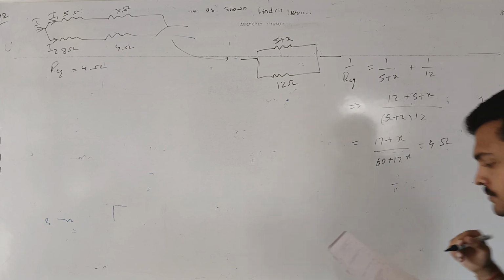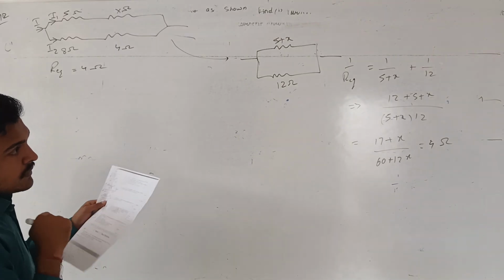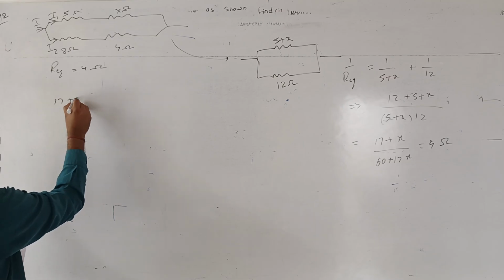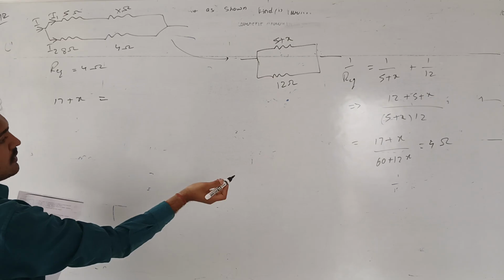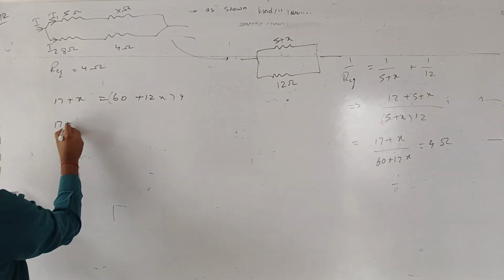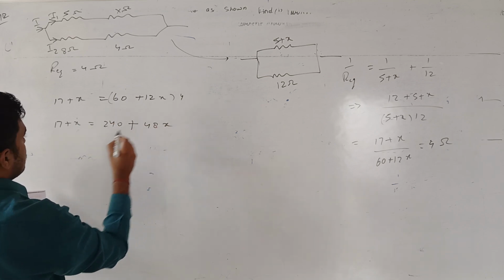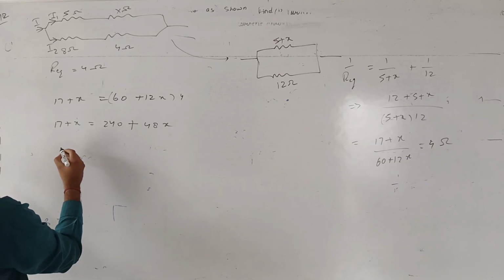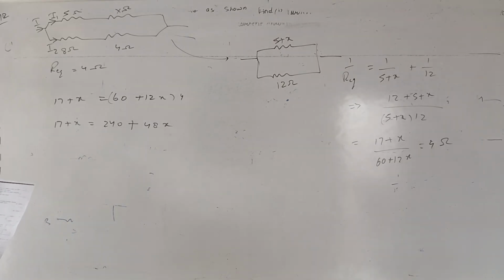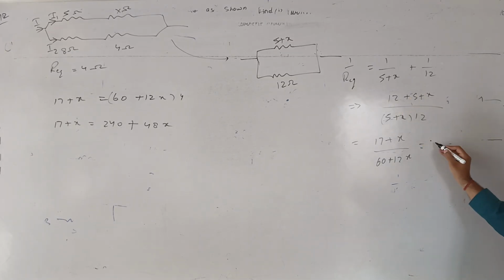So from here we may solve it. Sorry, this is equal to 1 by R equivalent, so this will be 1 by 4.